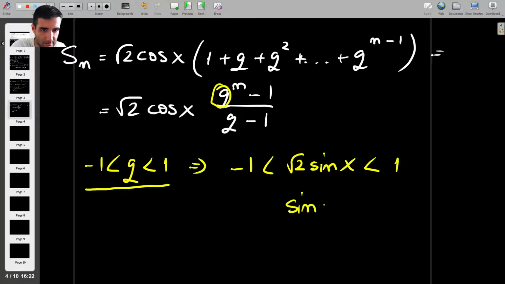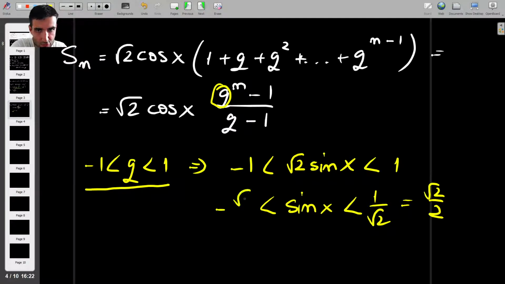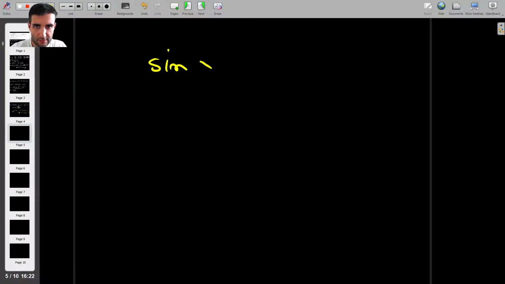So sine x is going to be less than 1 over root 2, which is root 2 over 2, and greater than −root 2 over 2. Finally, sine x should be between −root 2 over 2 and root 2 over 2.